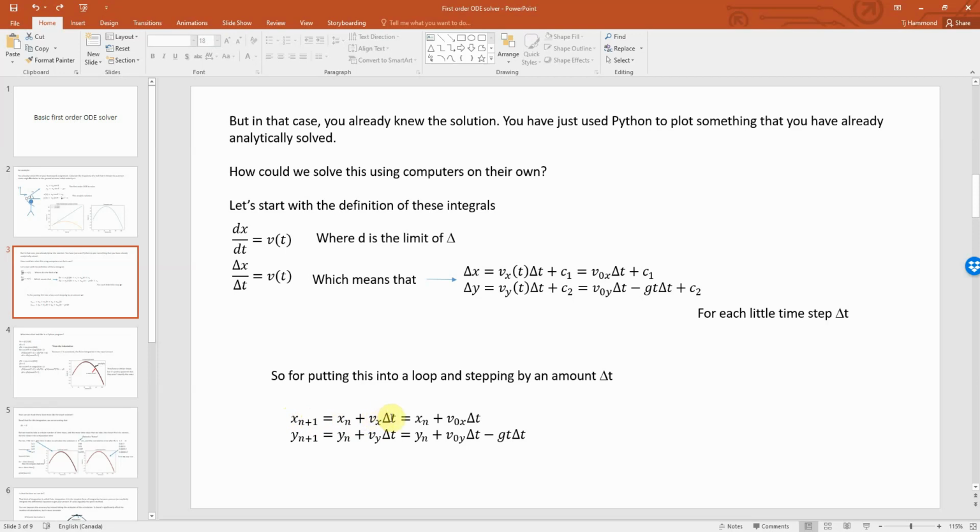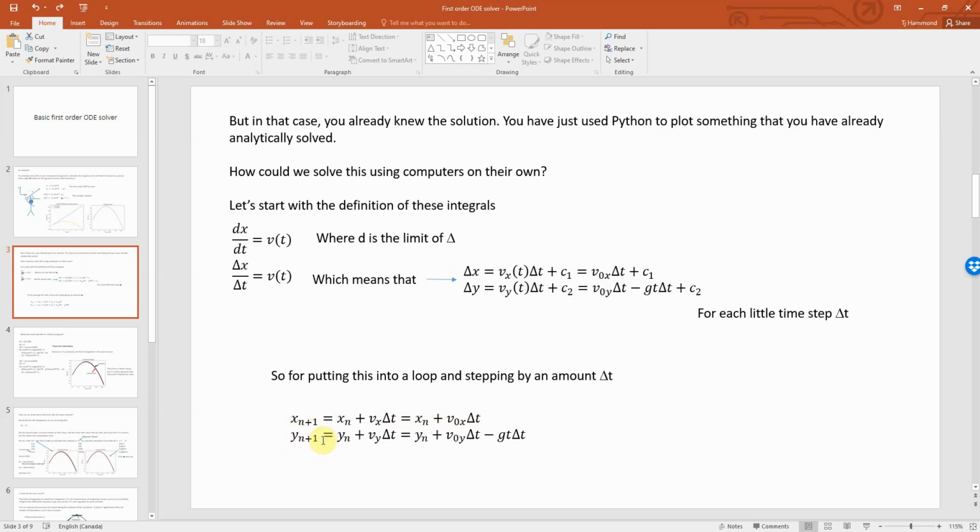For the parabolic motion of a ball being thrown on the surface of the Earth, we don't have any change in the x velocity, so our x of n plus 1 is just going to be the x at the current time step of n plus this initial velocity x times this time step delta t. And that'll give us our next position step.